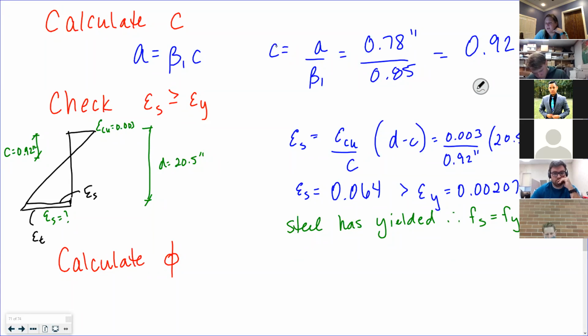If I've yielded at the centroid, I'll only further increase because that arm, DT, is going to be greater than D. I don't even have to calculate ET because if I've strained my steel at the centroid, then I've strained my steel at the extreme tensile, right?